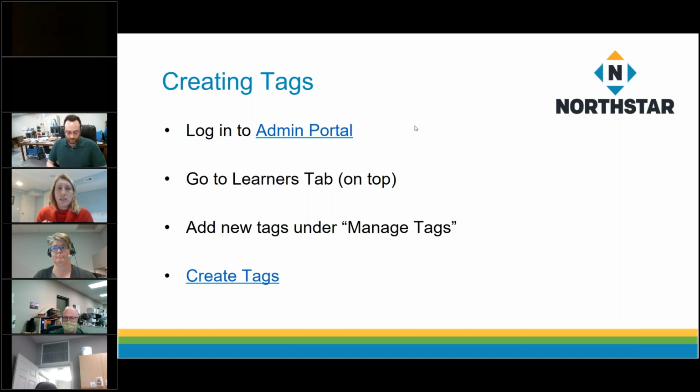So if you want to, let's say, just look at the learners in a class you're providing, or learners from a certain zip code, or people by different age category or whatever it might be, in order to run those sub-reports, you would need to use tags. So the way to create a tag is very easy.